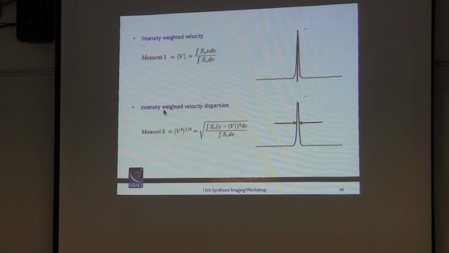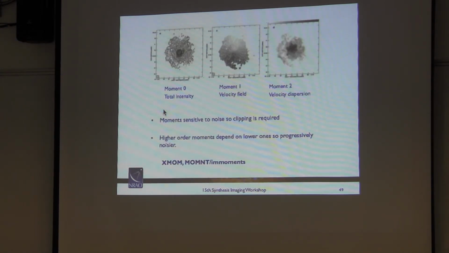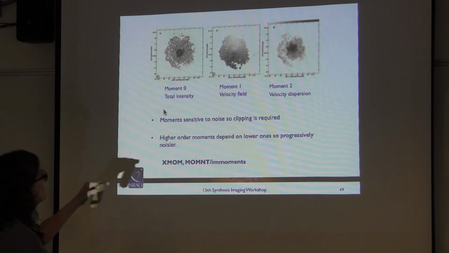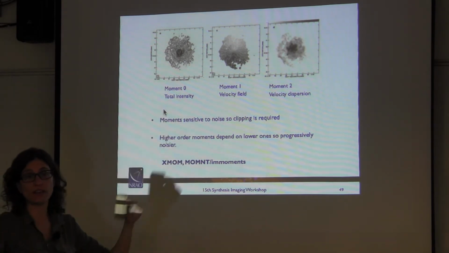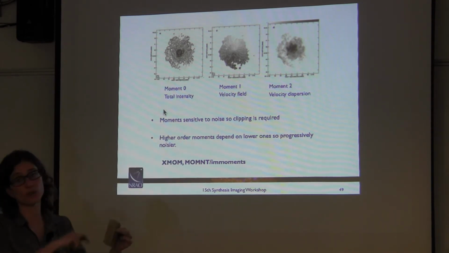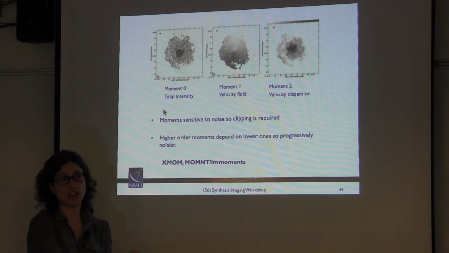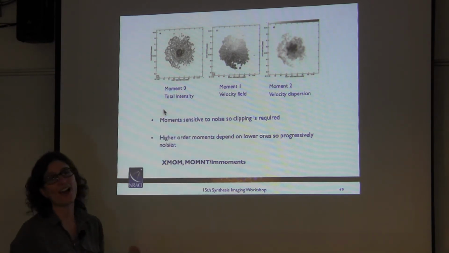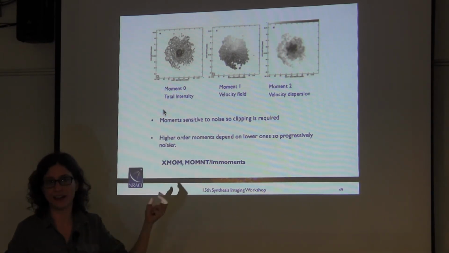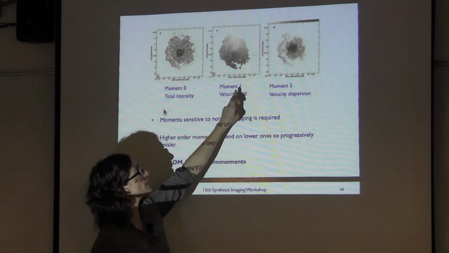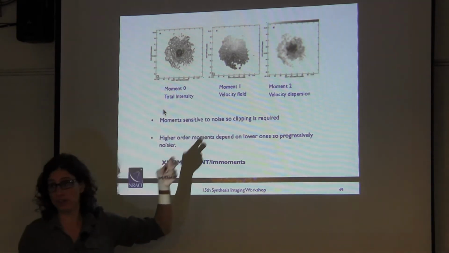You will see it with the TW Hydra if we manage to. And this is an example of a galaxy that is rotating. This galaxy, this is neutral gas. So the moment zero map is a collapse of all the channels, so you get the amount of gas that is in there, in the disk. The first moment map is the average velocity.